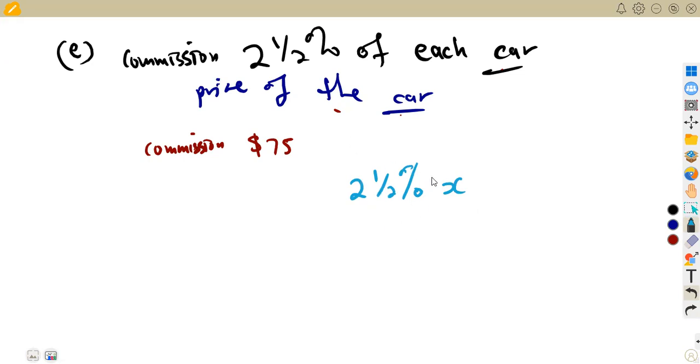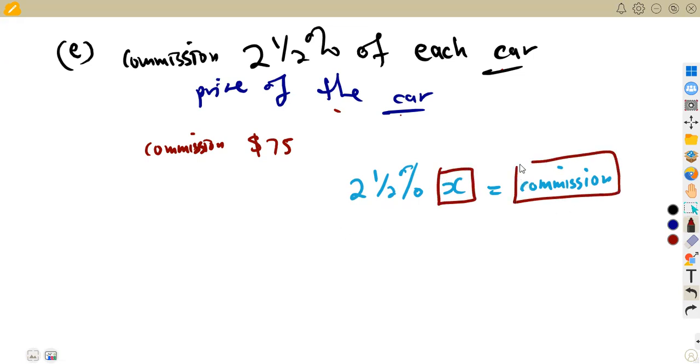If you multiply the price of a car by 2.5%, you are supposed to obtain the commission. That is how this commission is taken. It's a percentage of what you worked. So we do not know the price of this car, but we know the commission. We calculated it as a constant, which is 75.